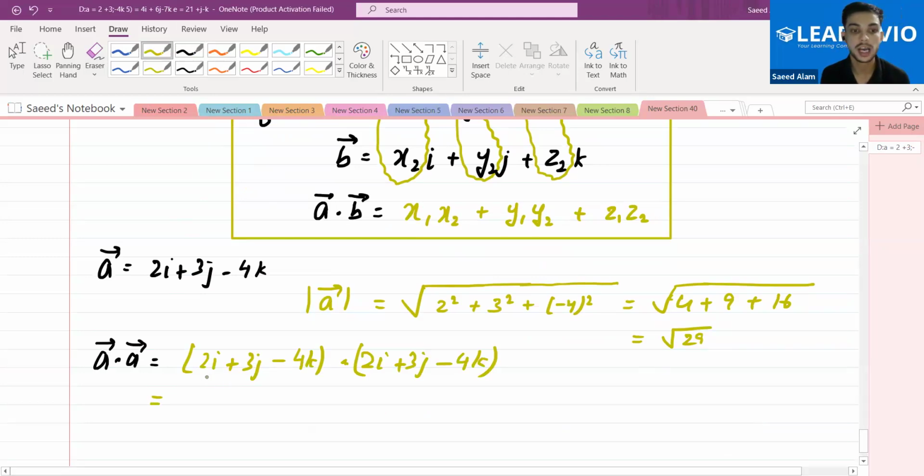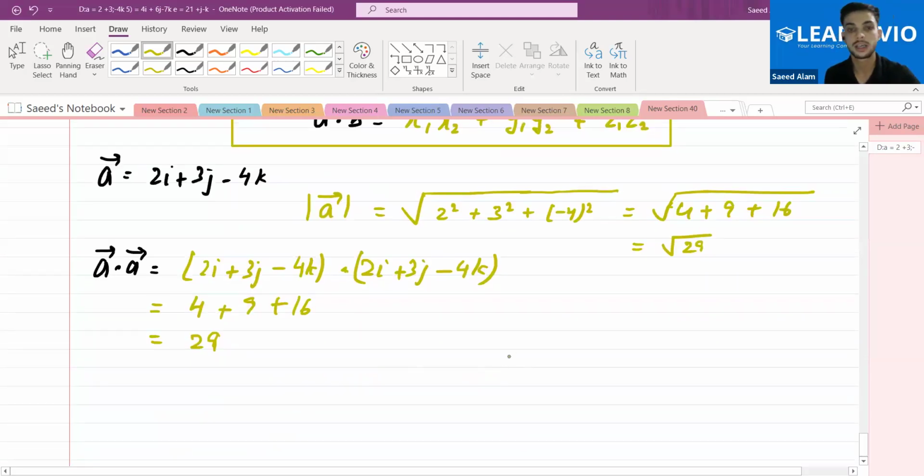What I actually need to do is multiply the i component, the j component, and the k component respectively with those unit vectors only. So what I'll get here: 2 into 2, that will be 4, plus 3 into 3, that will be 9, plus minus 4 into minus 4, that will be plus 16. So the result will be 29.